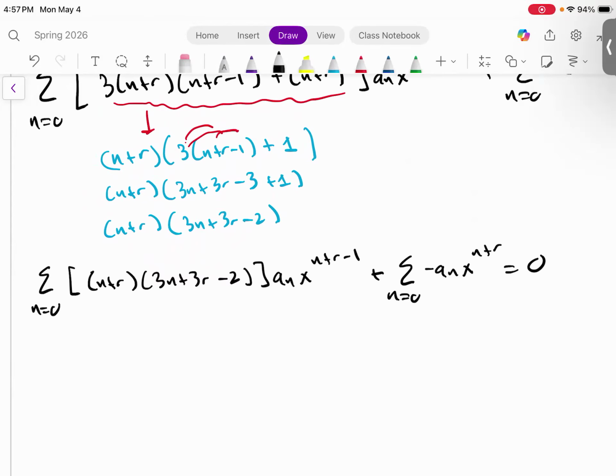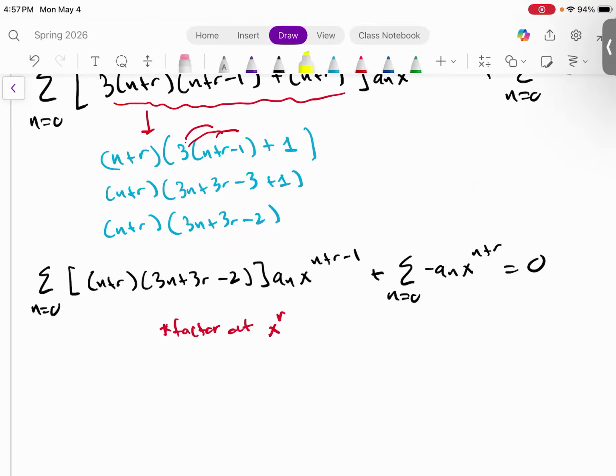Okay, the next step that we want to do, and we always want to do this, is factor out an x to the r.